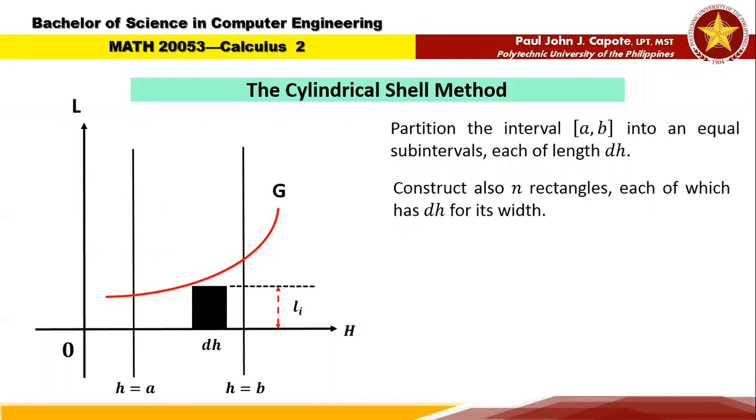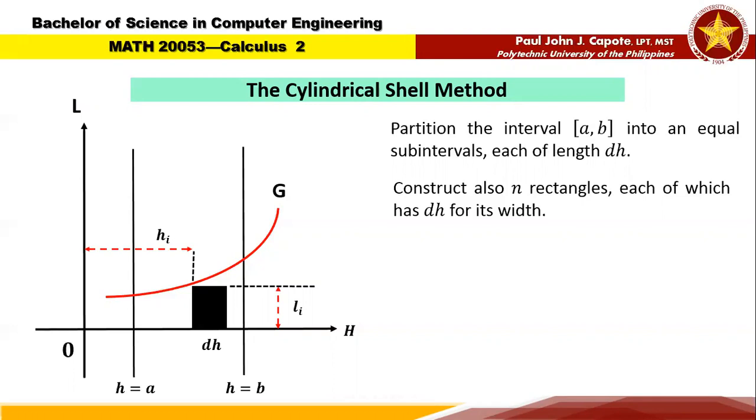The length of these rectangles is represented by this variable L sub i, because its length varies depending on its position on the region bounded by these curves and lines H equals A and H equals B.